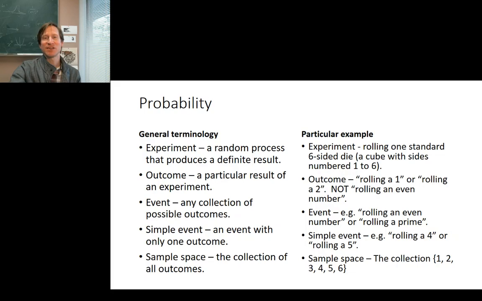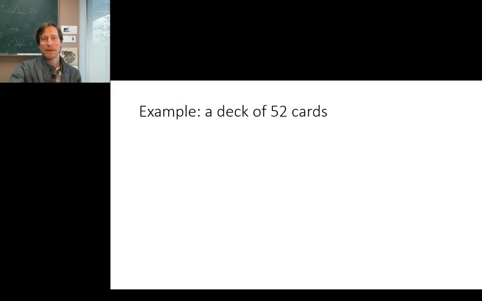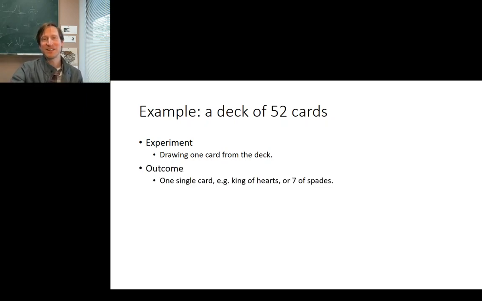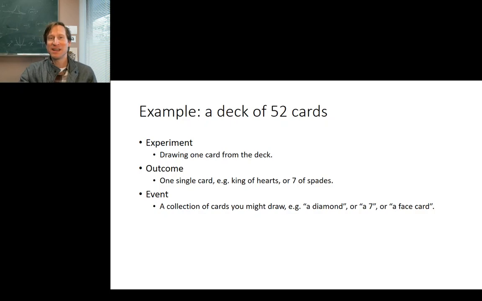Just to look at another example of this terminology, let's look at drawing a single card from a shuffled deck of 52 cards. So the experiment in this example is just drawing one card from the deck. The outcome is any single card, like the King of Hearts or the Seven of Spades. An event would be any collection of cards that you might draw.